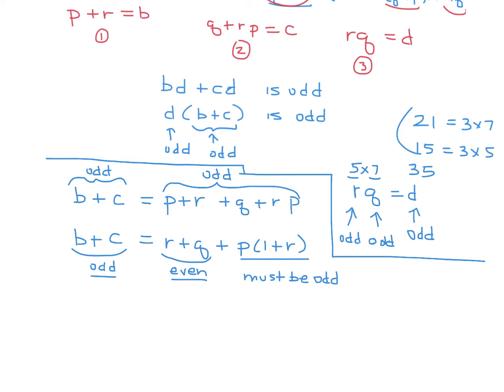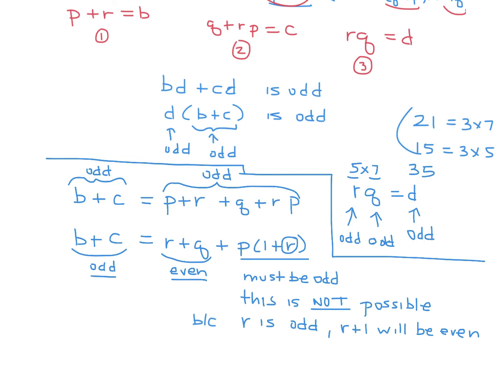But here's the problem. This is not possible. Why? Why is it not possible for it to be odd? Well, the reason is because R, this guy right here, is odd. R is odd. So because R is odd, if you add 1 to R, which is what we're doing here, R plus 1 will be even.